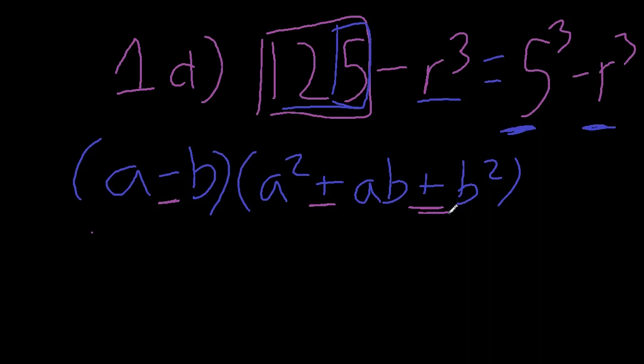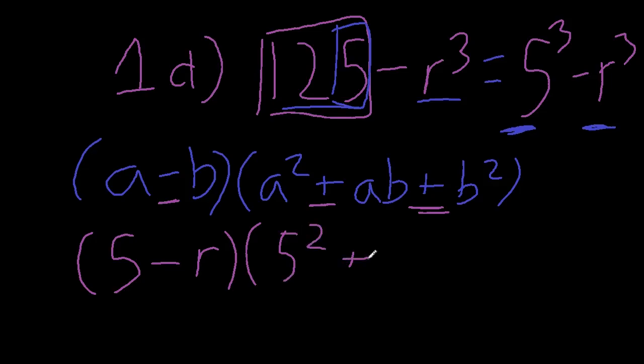So I just plug in my a value and my b value. A is 5 minus b is r. A is 5. This gets a squared plus a times b, so 5 times r plus b squared.